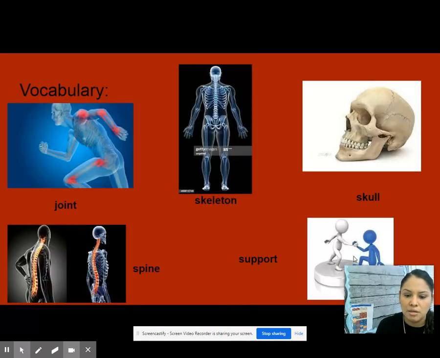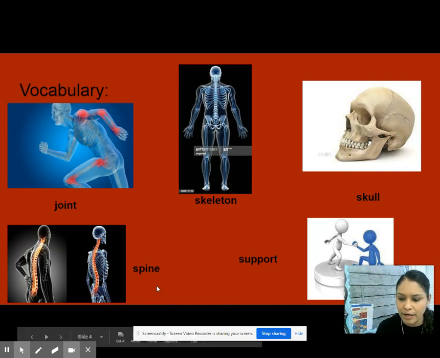We want to see joint, skeleton, skull, support, and spine. Those are going to be our vocabulary words. A joint is like the places where our bones join. The spine is our back. It is on our back.